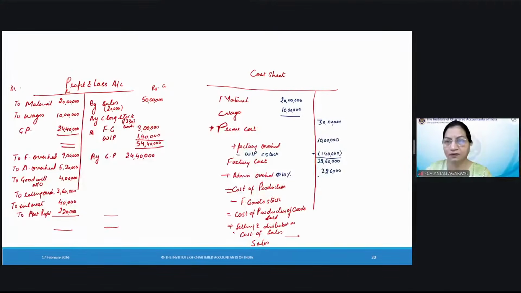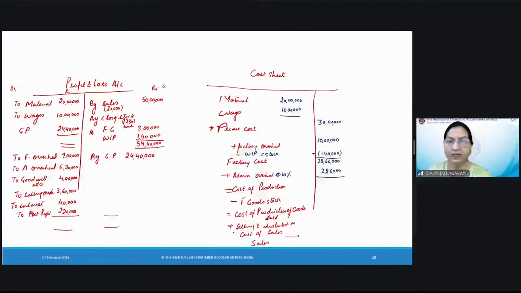Let me redo it: 20 lakhs plus 10 lakhs, 30 lakhs is your prime cost.